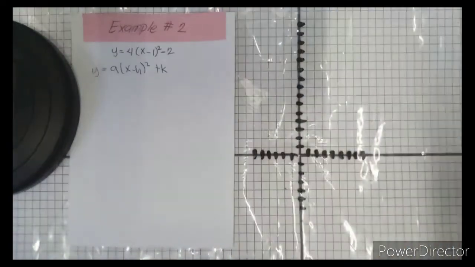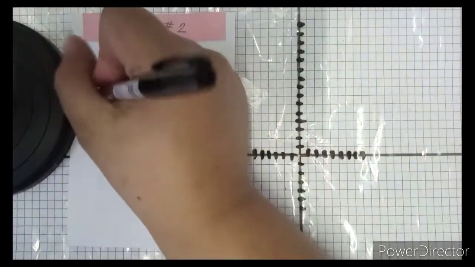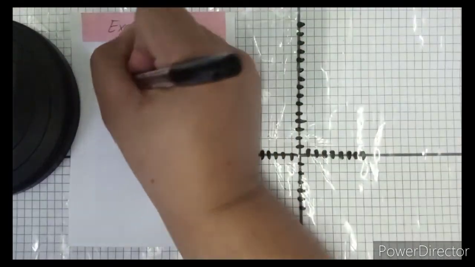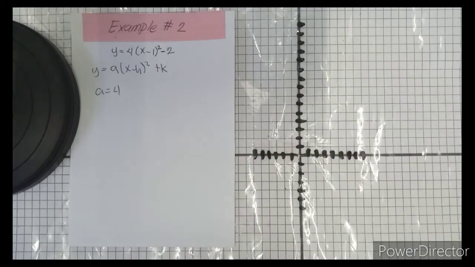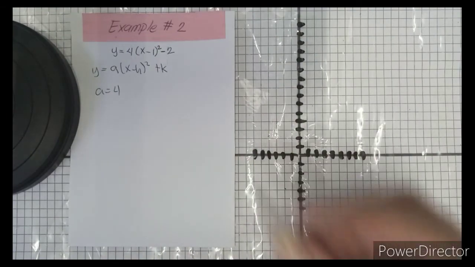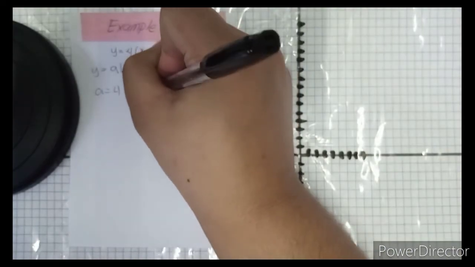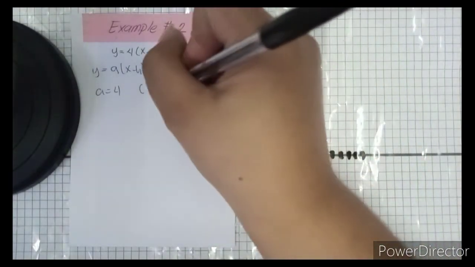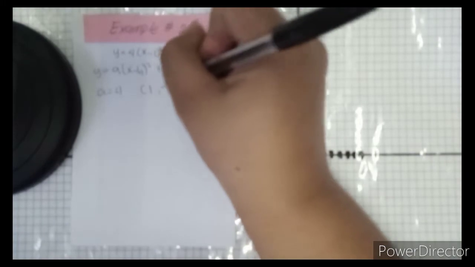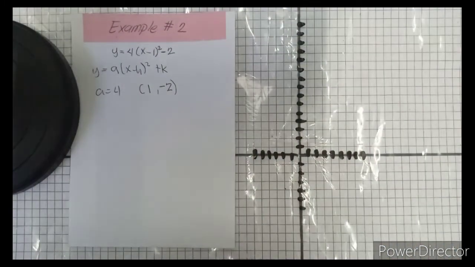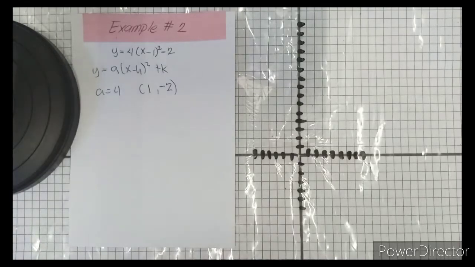First, identify muna natin yung mga value. So, we have for the a, ang value ng a is 4, positive 4. And our h and k. So, from negative, pag nilabas, magiging positive 1. And then, negative 2. So, which is our vertex. So, our vertex is positive 1 and negative 2.